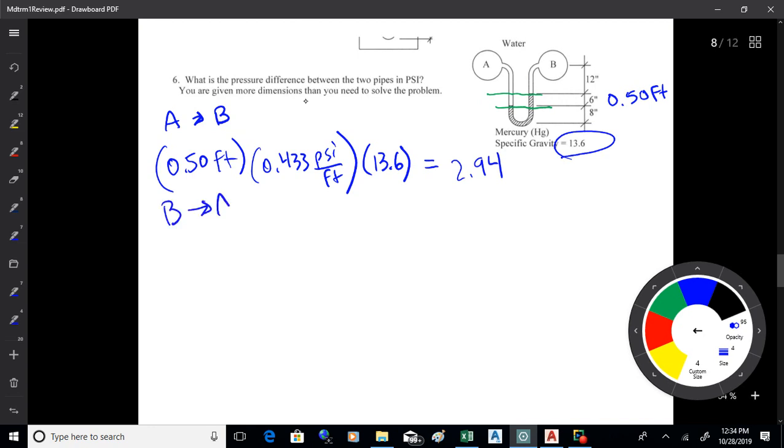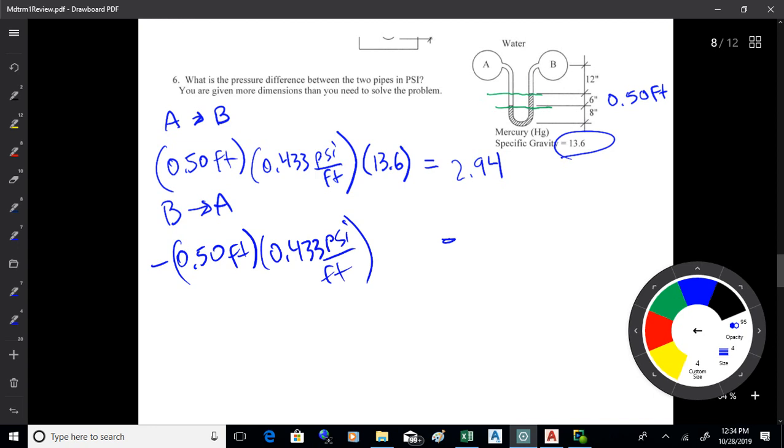Now B is doing something that A is not also. It isn't as significant because we're not talking about mercury, we're just talking about water. But what B is doing is taking half a foot of water and pushing it towards A. Okay? So we do have to account for that. Now, it's not a whole lot.